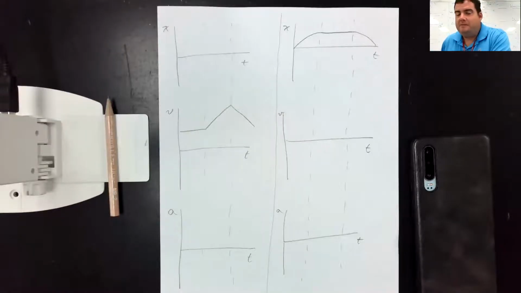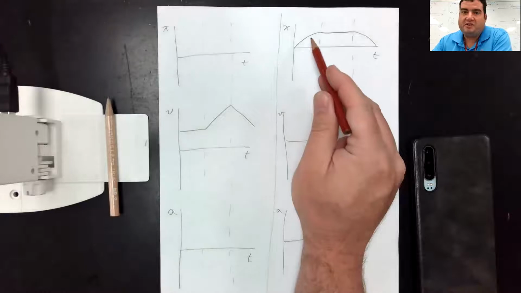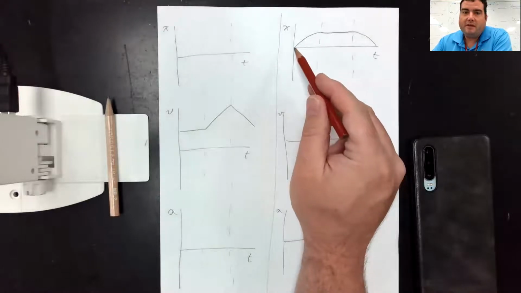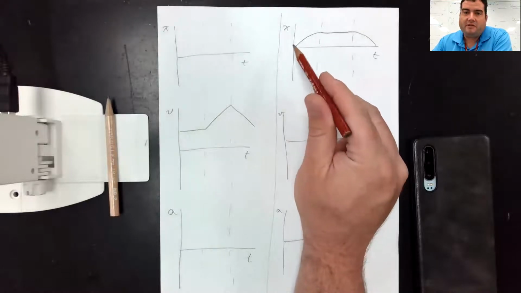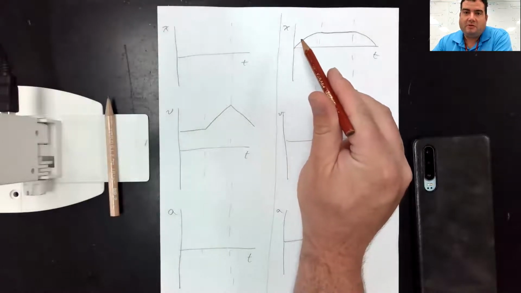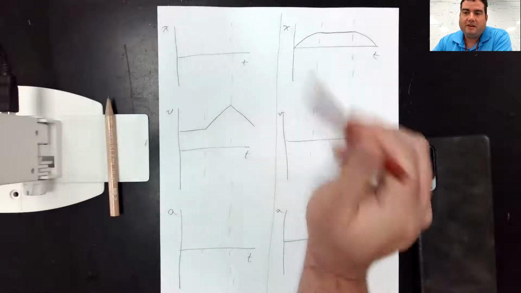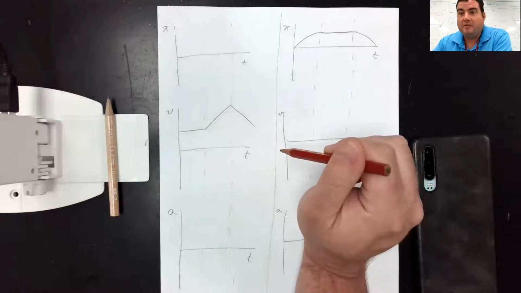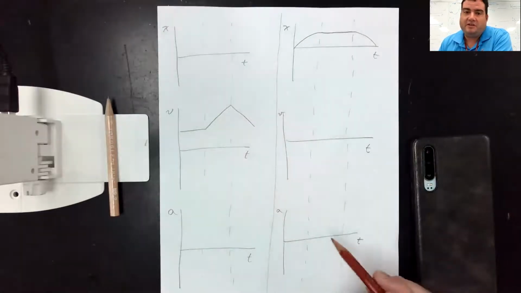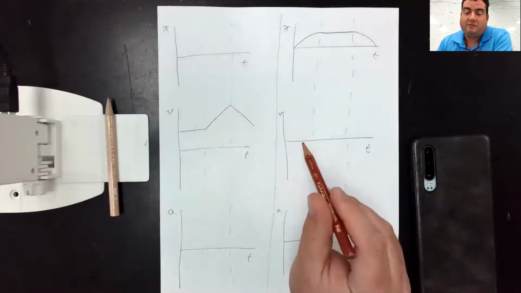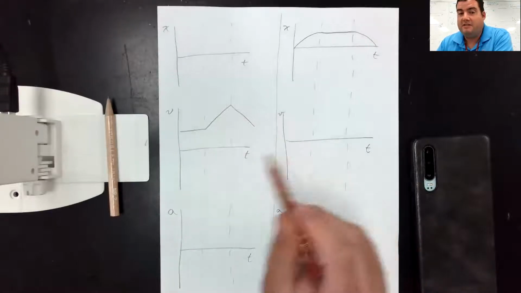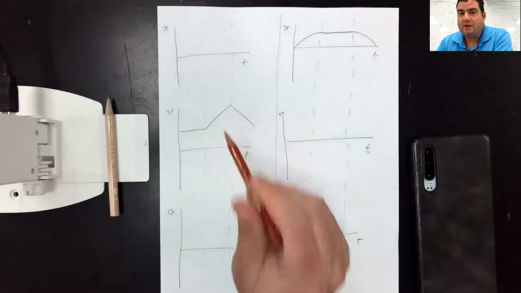What we now have seen is situations where our position time graph has a curve. The fact that this starts out with a fairly steep slope, and the slope levels off towards 0, indicates to me it's slowing down. So we will have accelerations here, and our velocity graphs will not simply be horizontal lines. They will be changing.